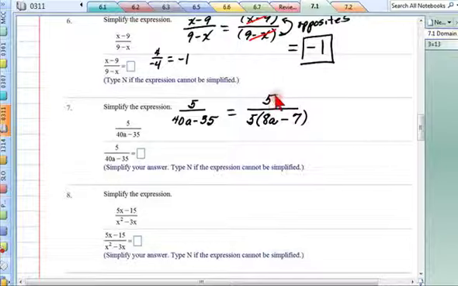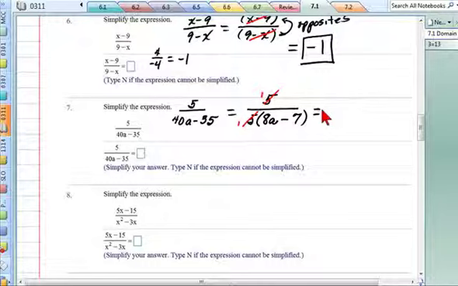The numerator could not be factored any further. The denominator could. Now that the factoring is done, do you see any common factors? 5. It's not in parentheses or anything. This 5 divides out with this 5. Now sometimes I get a little lazy and I don't write down the little ones that are actually being left behind when you divide out.